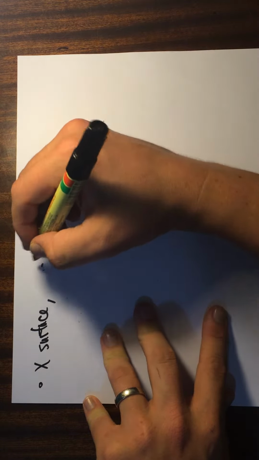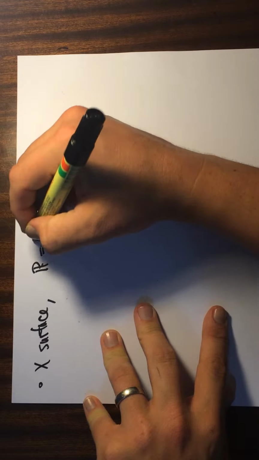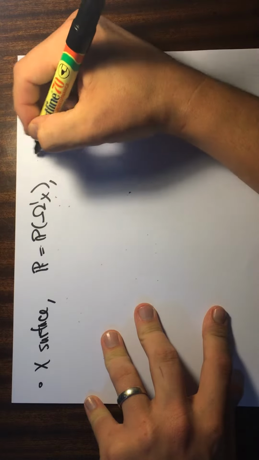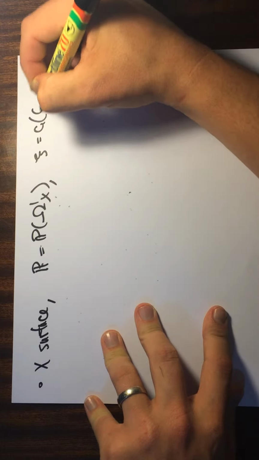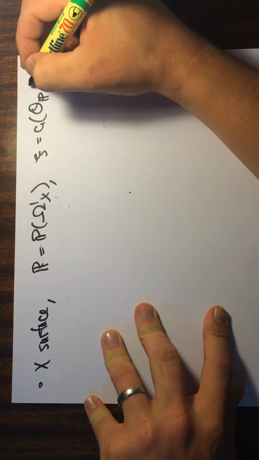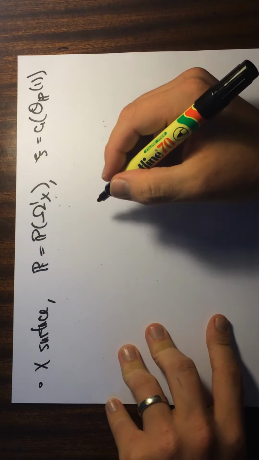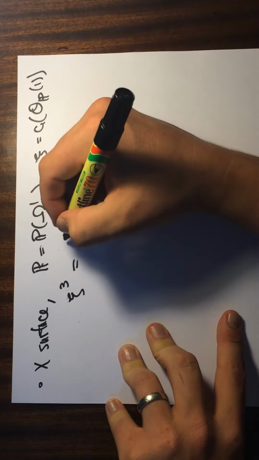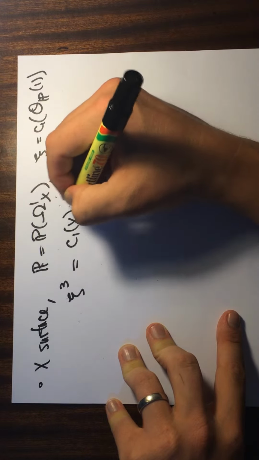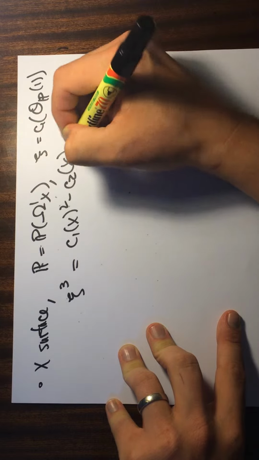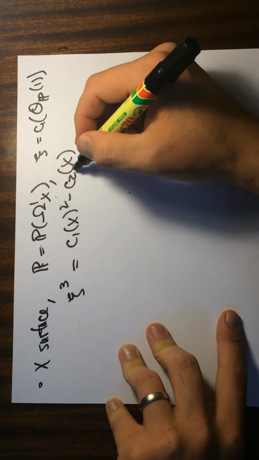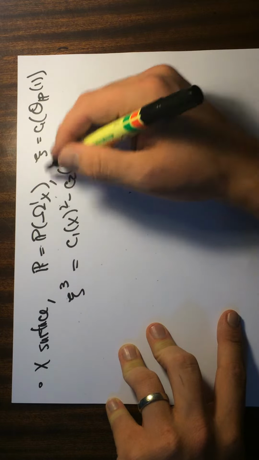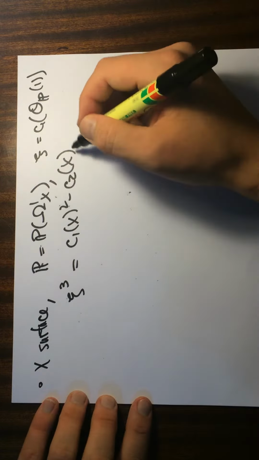So we take the projective bundle of Omega 1 of X, and we take the fundamental class of the projective bundle. And the thing that I didn't know how to do was that this is equal to c1 of X squared minus c2 of X. So this is the canonical class squared, and this is the topological Euler number for the surface.